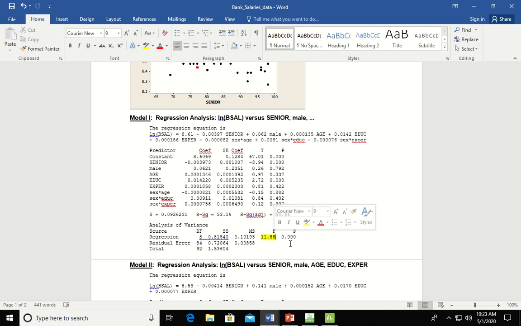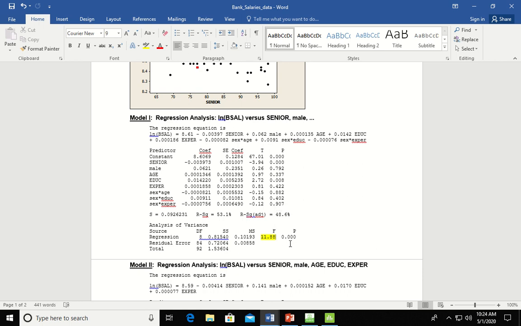My p-value, and you should report this, should be equal to the F CDF of 11.88. Put a very large number, so I don't know, 100,000, I'll just put a very big number because that's supposed to stand for infinity. 8 degrees of freedom in the numerator, 84 degrees of freedom in the denominator.